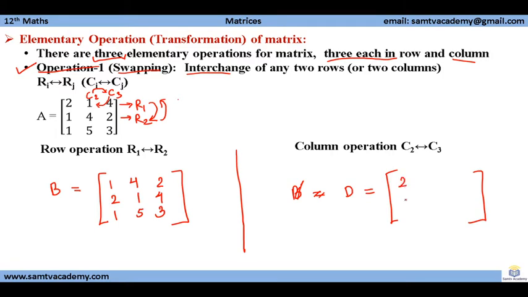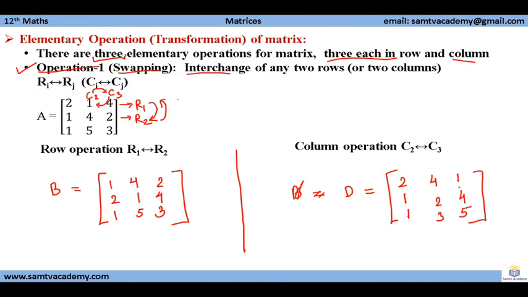So it will be 2 1 1, and next C2 is replaced with C3, so it will become 4 2 3, and C3 is replaced with C2, so it will become 1 4 5.